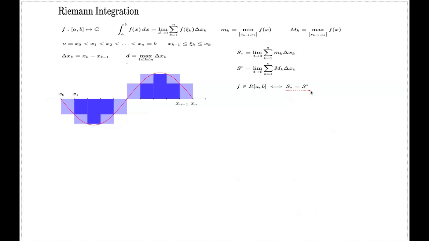That's the first criterion. There is another one, a development of this criterion, which is more useful for practical purposes, which says this: if you introduce another number, omega k, which is the difference of the max value and the min value over the k-th subinterval, and the name for this value is the oscillation of the function over the k-th interval, then look at this: the limit of the oscillations times the lengths of the underlying subintervals, summed, must be 0 as soon as the diameter of your partition goes to 0.